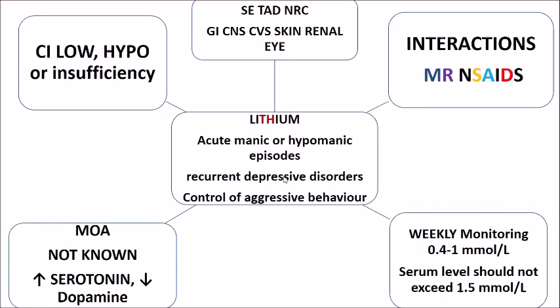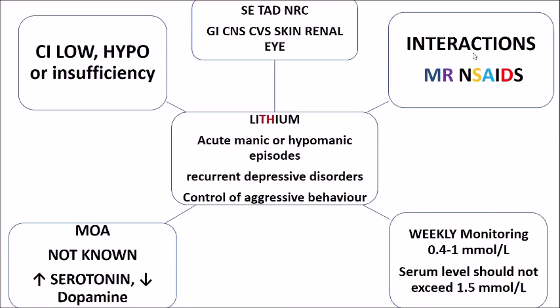and severe depressive illnesses. So the monitoring is 0.4 to 1 millimole per liter, and it's thought that serum level should not exceed 1.5 millimole per liter because of the risk of toxicity. Above 2 millimole, it's very risky concentration.